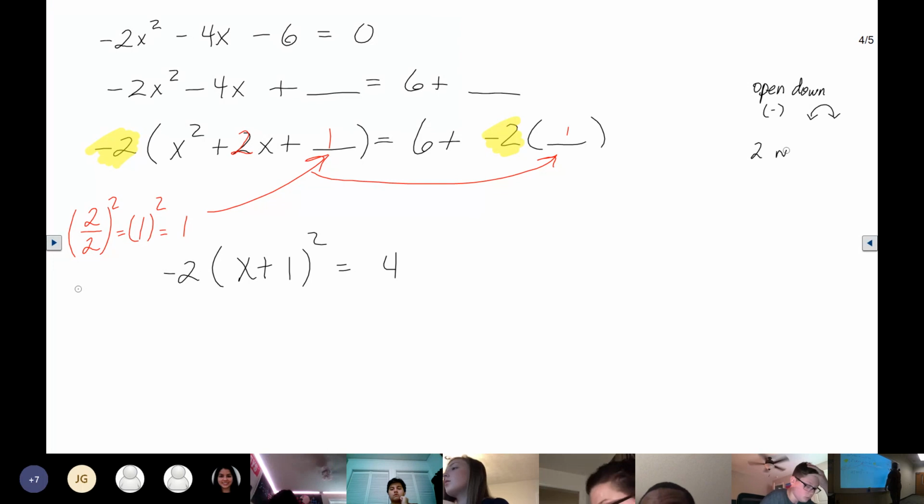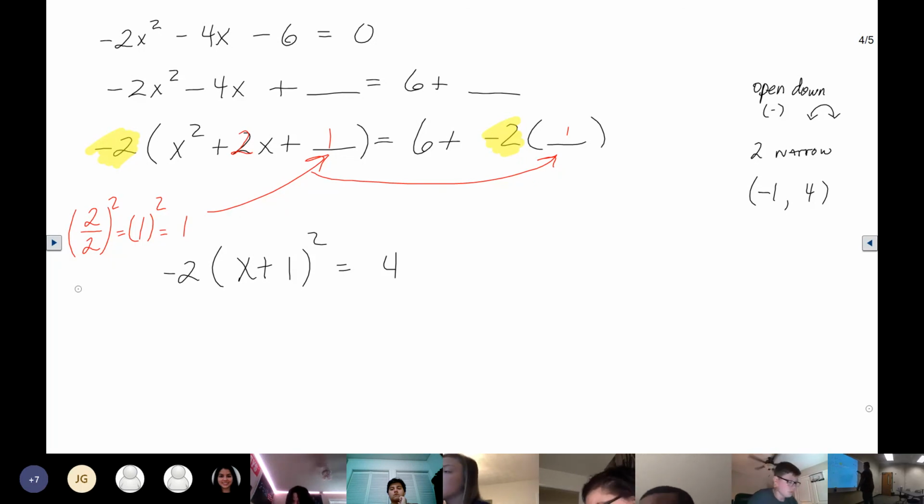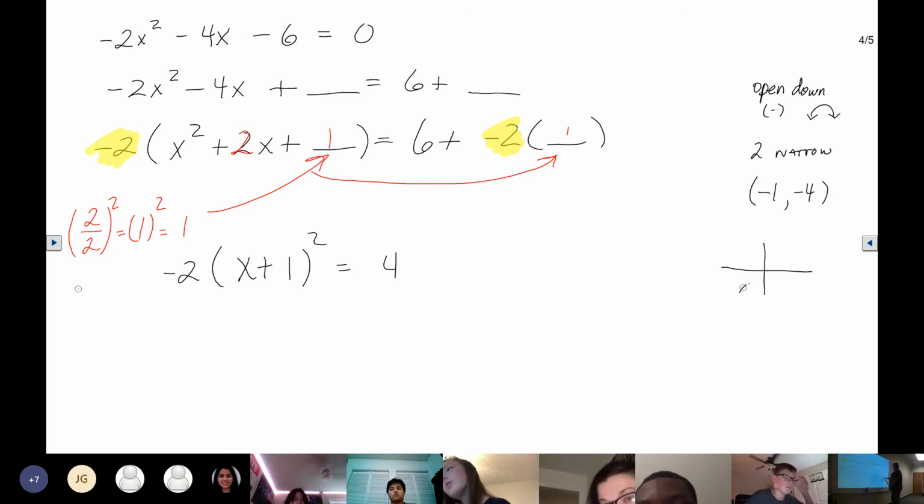The 2 tells us it's narrow. The 1 horizontal shift means negative 1, and vertical is 4. No, negative 4, sorry. So it's not going to have any x-intercepts because it looks like this. The vertex is negative 1, negative 4, and it's opening down, so it can't have any.